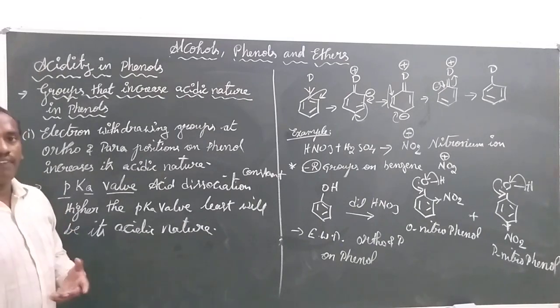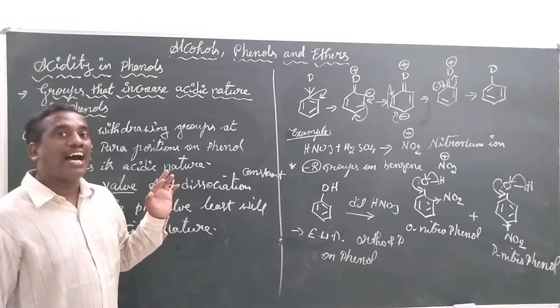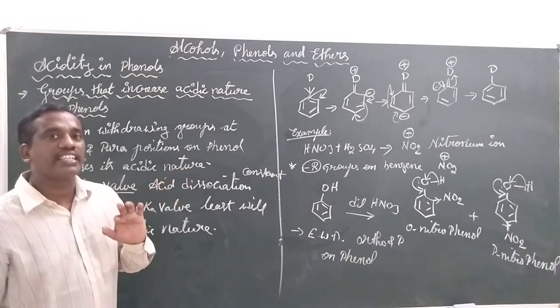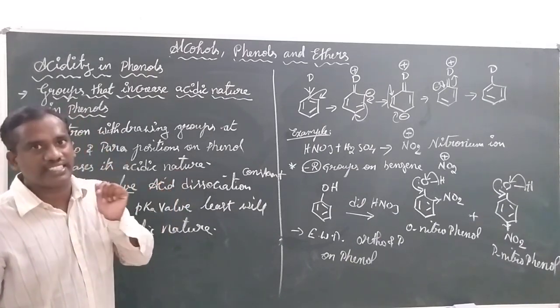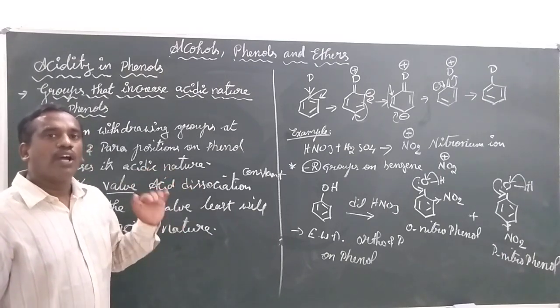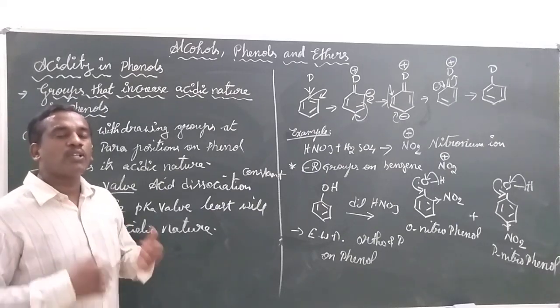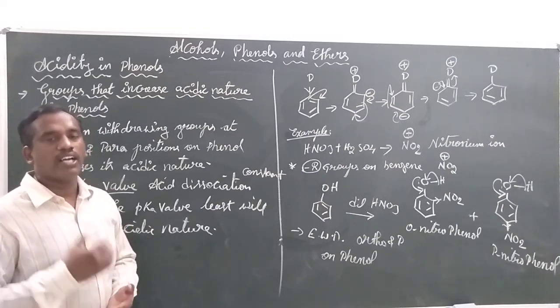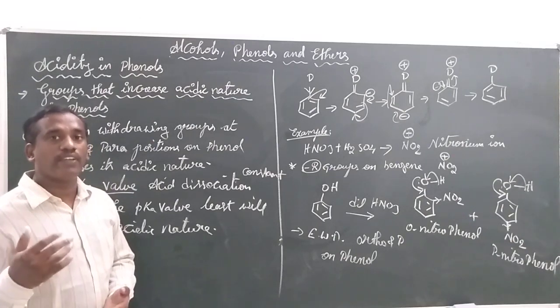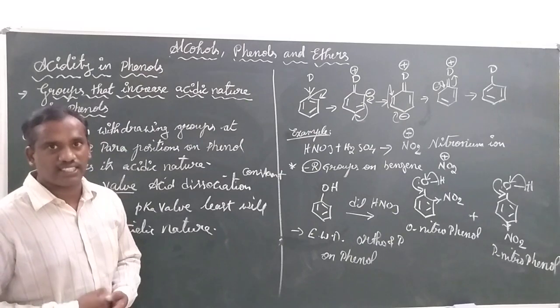But before we get the values, keep in mind that when electron donating groups are present, acidic nature is going to be decreased. Up to now I had explained about electron withdrawing groups. Now the point I am giving is that when electron donating groups are present, the phenol's acidic nature is going to decrease.